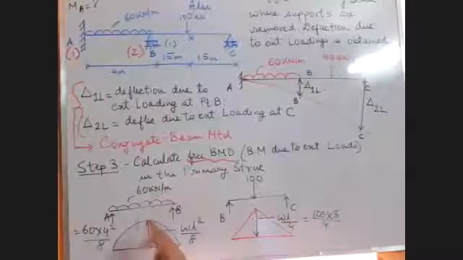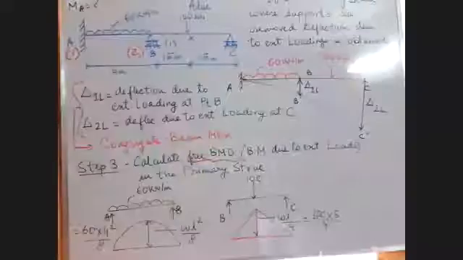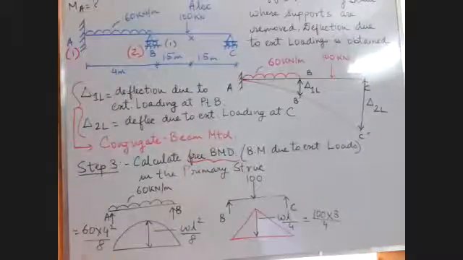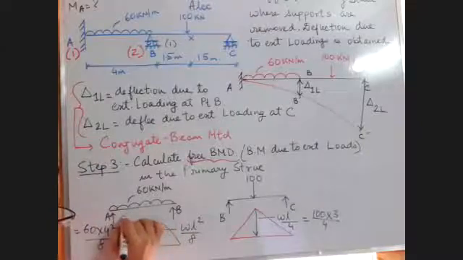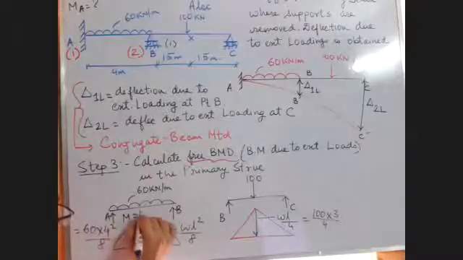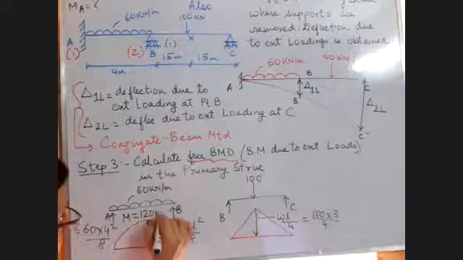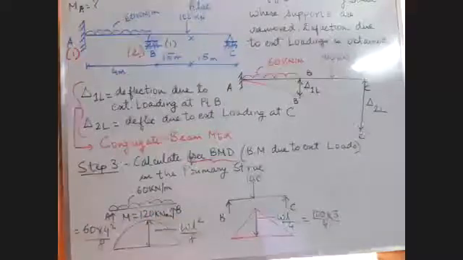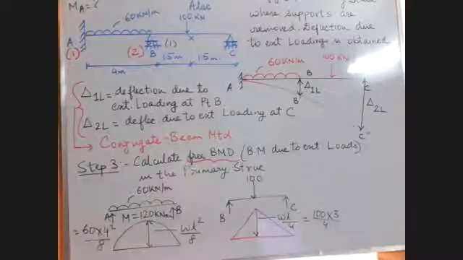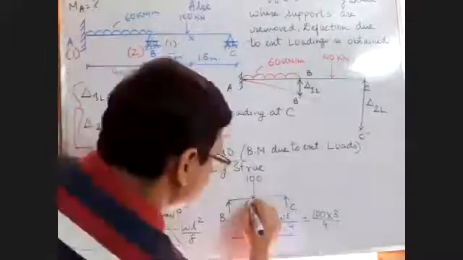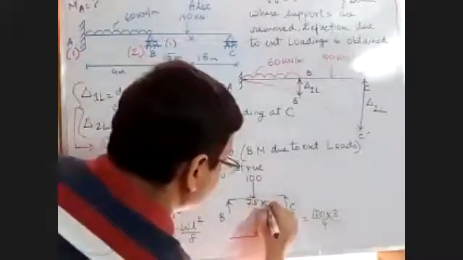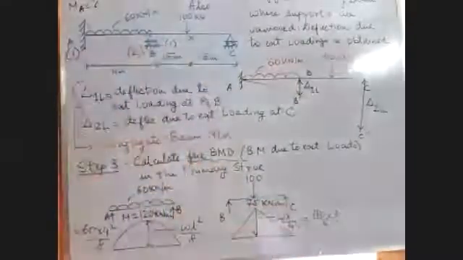The maximum bending moment comes to 120 kilonewton meter, and 75 kilonewton meter. So step 3 will be this.